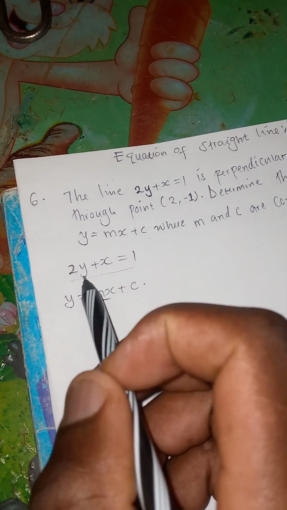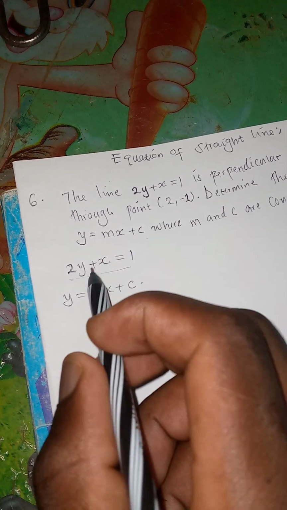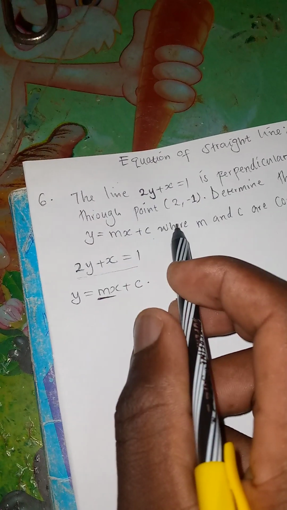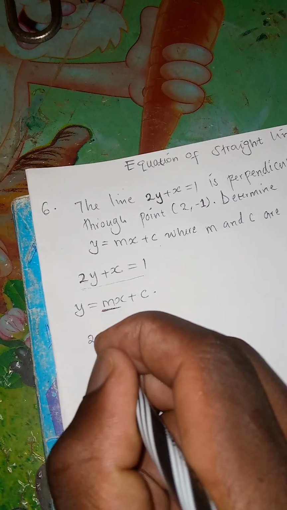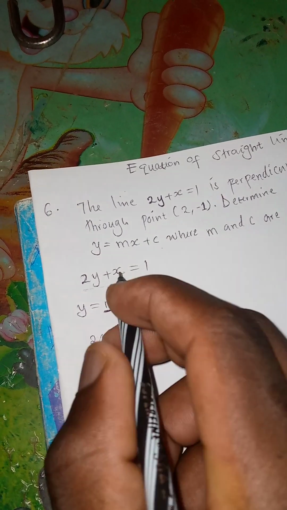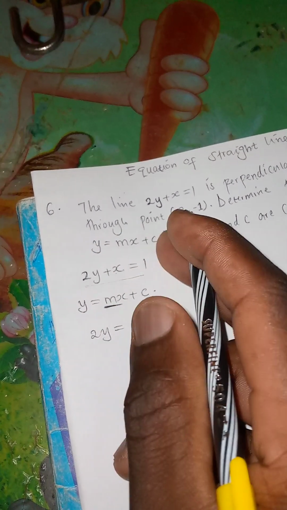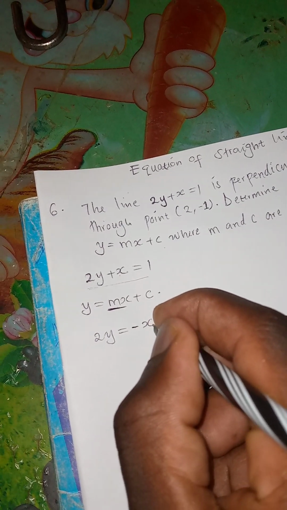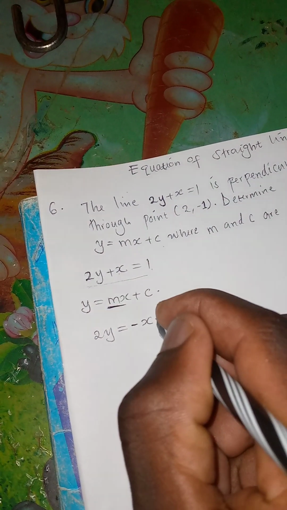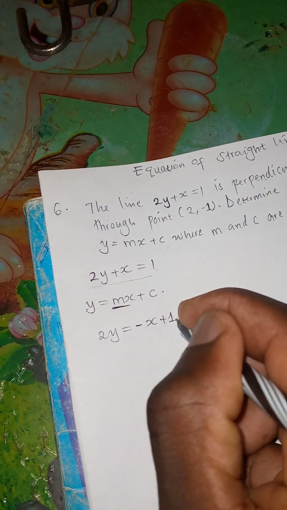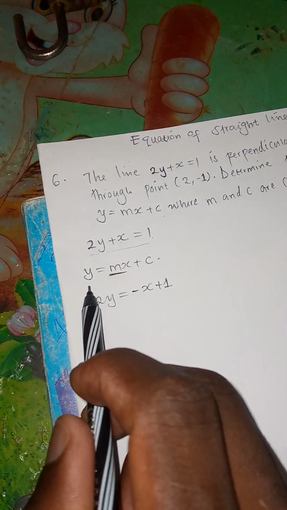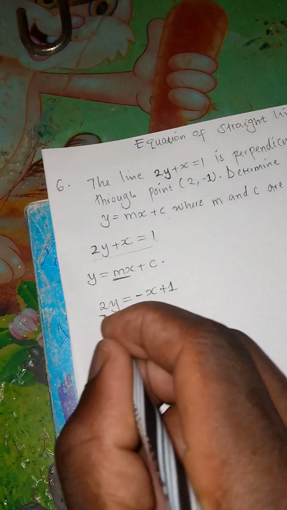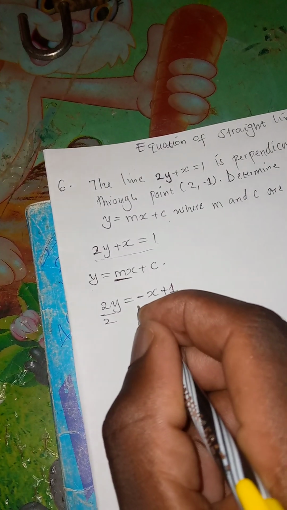So we first take x to the other side. It will be 2y equals, it is positive, but when it crosses the equal sign, it will be negative. So it will be negative x plus 1. Our aim is to remain with y only, so we shall divide by 2 all through.